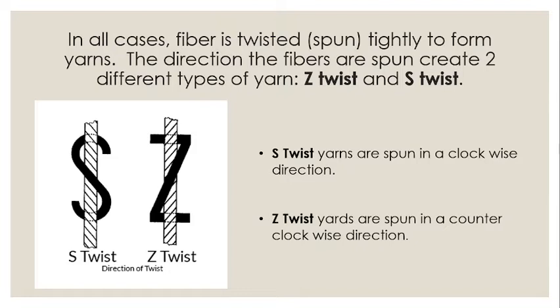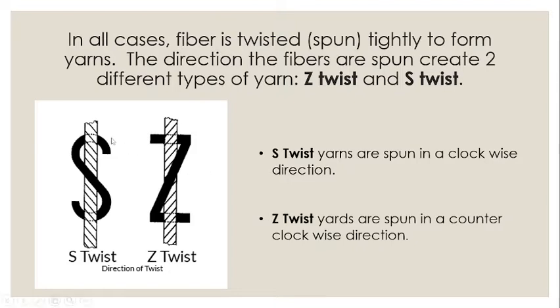In all cases, fiber is twisted or spun tightly to form yarns. The direction the fibers are spun creates two different types of yarn, a Z-twist yarn and an S-twist yarn. S-twist yarns are spun in a clockwise direction. Z-twist yarns are spun in a counterclockwise direction.